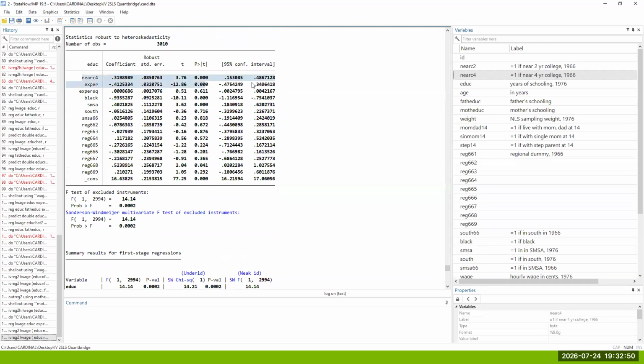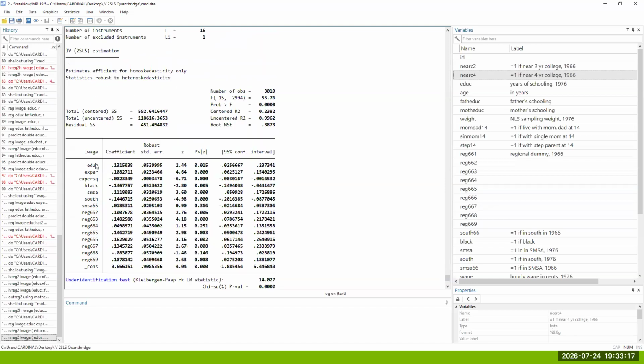So you see, if the person is nearer to a 4-year college, then it increases the person's number of years in school by 0.3198. The F statistic, which should always be reported, will be here for you.